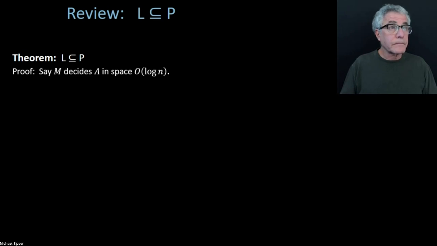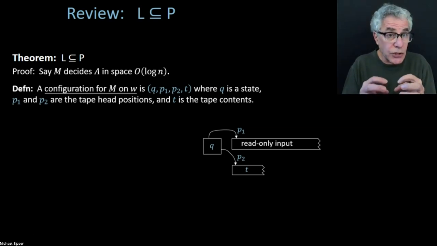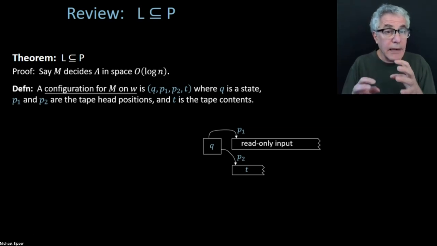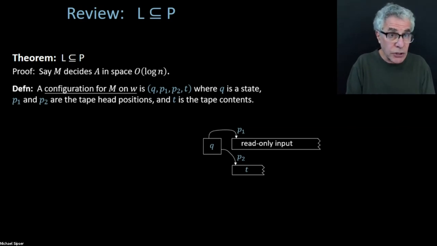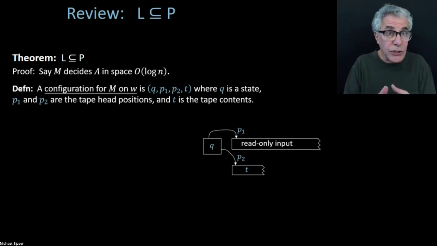So in particular, we really need to know the notion of a configuration of a log space machine on an input. Because the input does not change, we don't really consider the input to be part of the configuration. The only thing that's relevant in the configuration is the dynamic part of the machine: the state, the head locations, and the work tape contents.